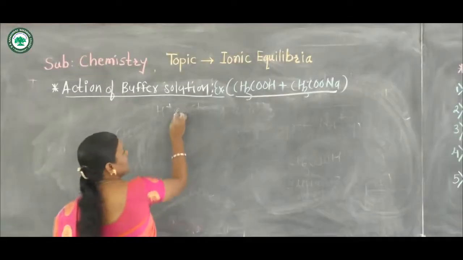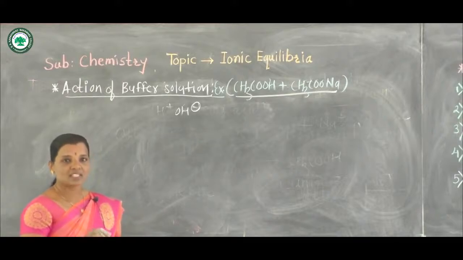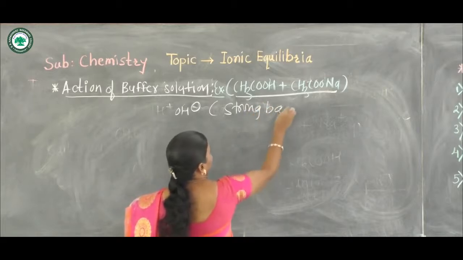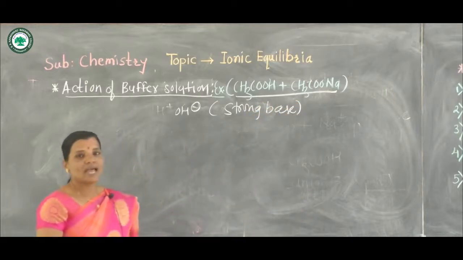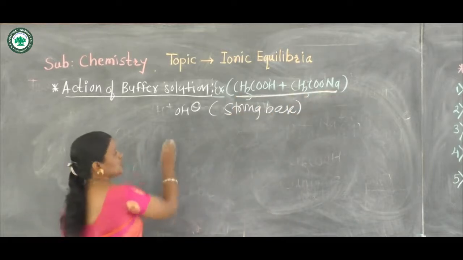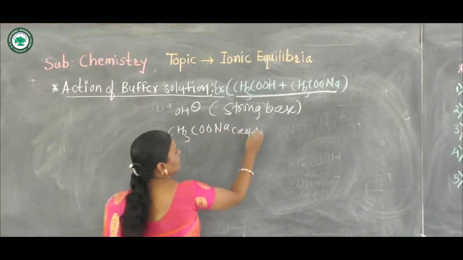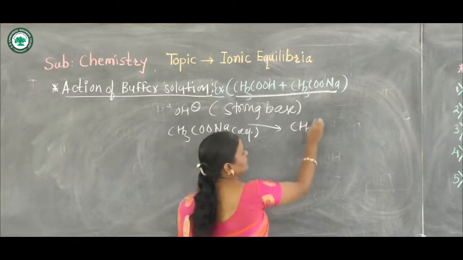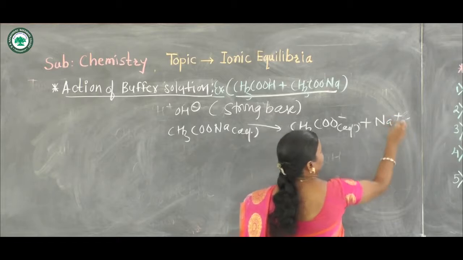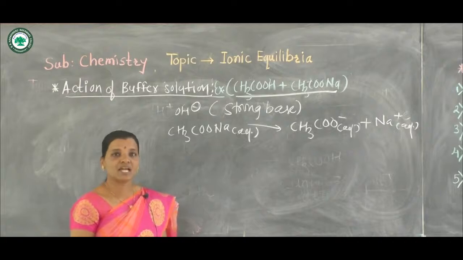If strong base is added to this solution, then excess of OH minus ions from strong base are added to this buffer solution, and in buffer solution the sodium acetate dissociates to form acetate ion and Na plus ion.